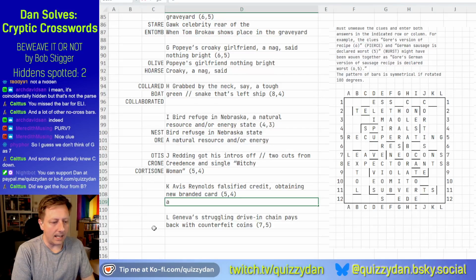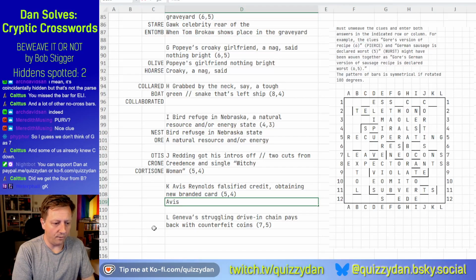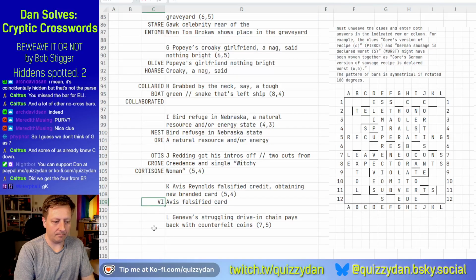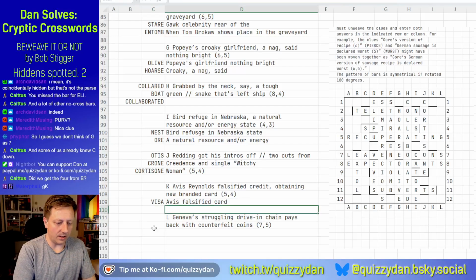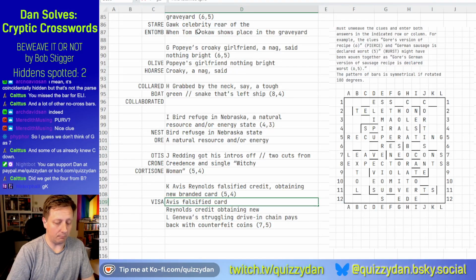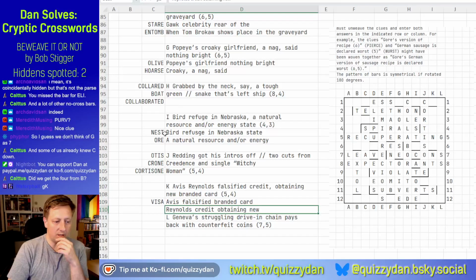Okay. Avis falsified card would be a Visa. So, Reynolds credit obtaining new branded. Oh, it could be a branded card, actually. Because that feels better. Branded card would go there.